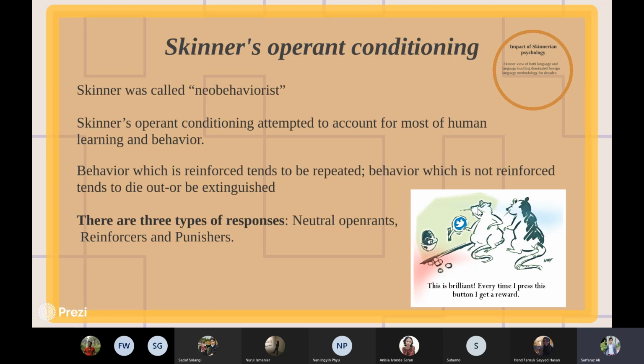So behavior which is reinforced tends to be repeated, as we saw in the dog example, and behavior which is not reinforced tends to die out or extinguish. So this was clear. In it he described three types of responses: number one, the neutral operants; number two, the reinforcers; and number three, the punishers.